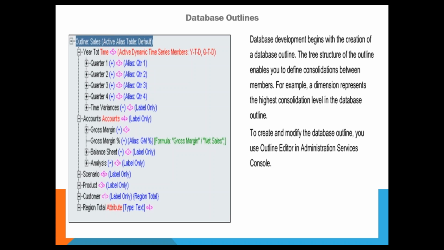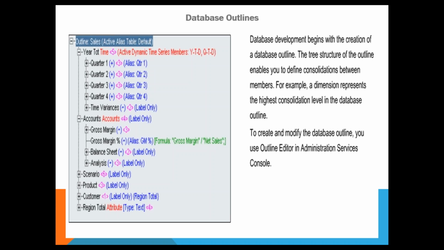We'll start from the top. On the top you have sales, and then it has a child which is time, and time has a few children: quarter 1, quarter 2, quarter 3, quarter 4, and the time variances. And the sibling of time is accounts.